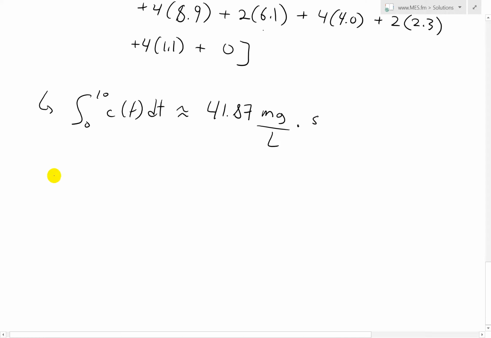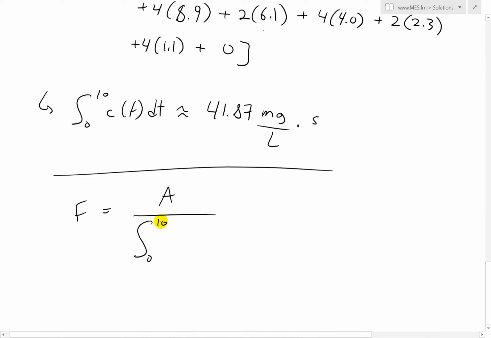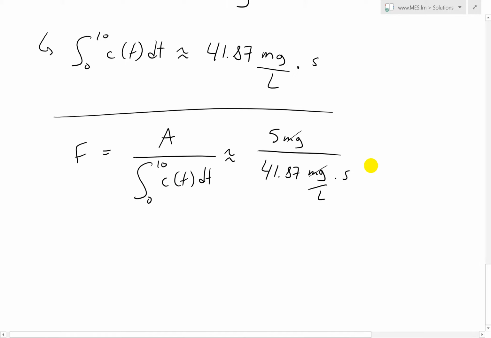So now to get the cardiac output, we'll just solve that formula. F equals A over the integral from 0 to 10 of c(t) dt, which roughly equals 5 milligrams divided by 41.87, in units of milligrams per liter times seconds. So the milligrams cancel, the liters go on top, and we have a flow rate of liters per second.